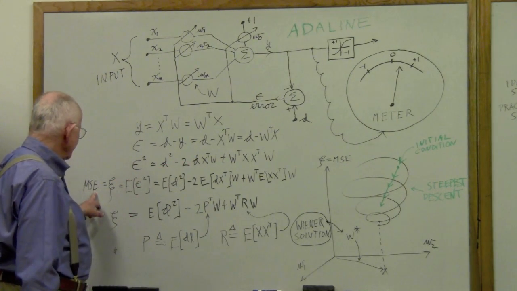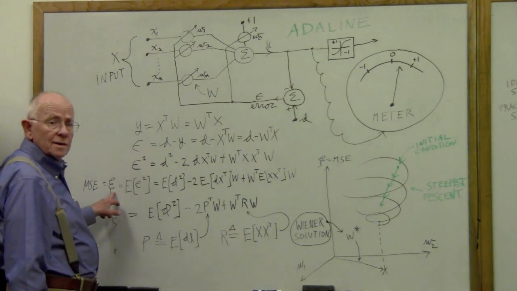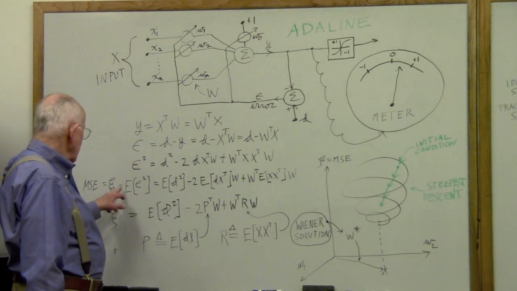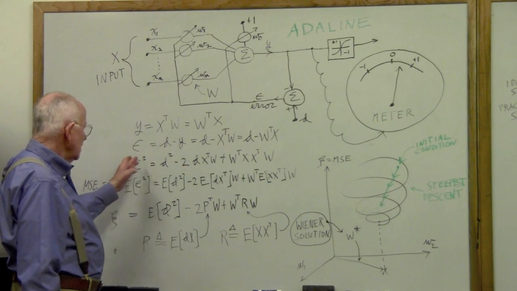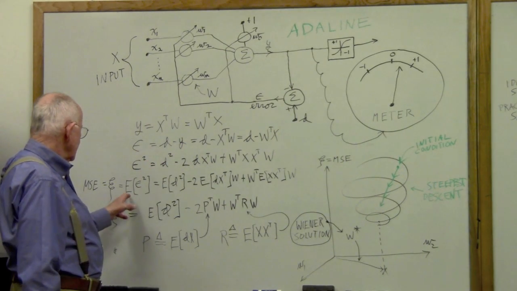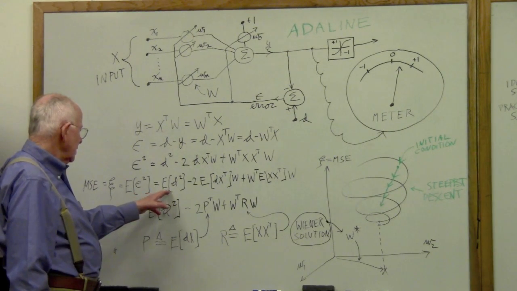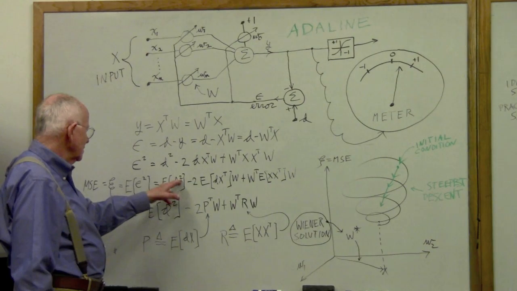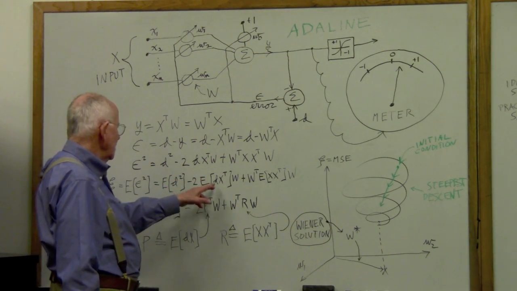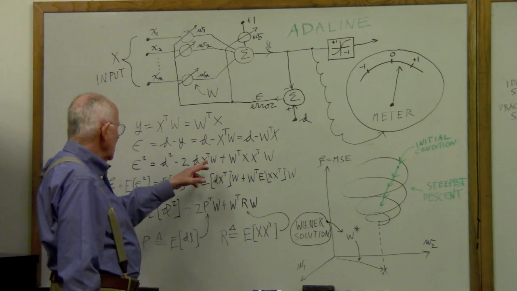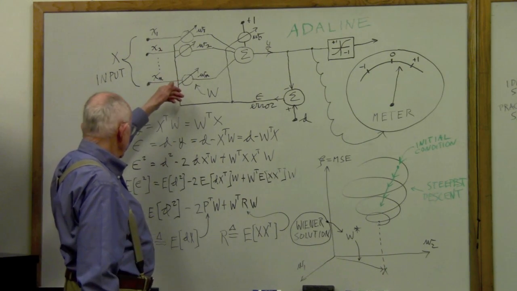So now we're interested in the mean square error. So the MSE is equal to, and I represent that by the Greek symbol xi, the expected value of the square of the error, and we're taking the expected value of both sides of this equation. The expected value of the square of the error equals the expected value of the desired response square, minus twice the expected value of d x transpose, times W. I should have said that while we look at the mean square error, we keep the weights fixed.